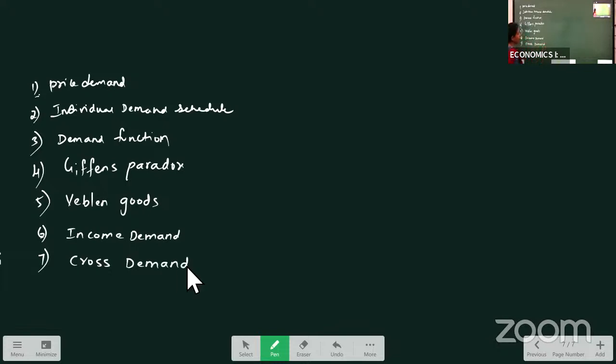What is cross demand? It explains the relation between two related goods. The two related goods are either substitutes or complementaries. Okay. For substitutes, positive relation. For complementaries, negative relation.